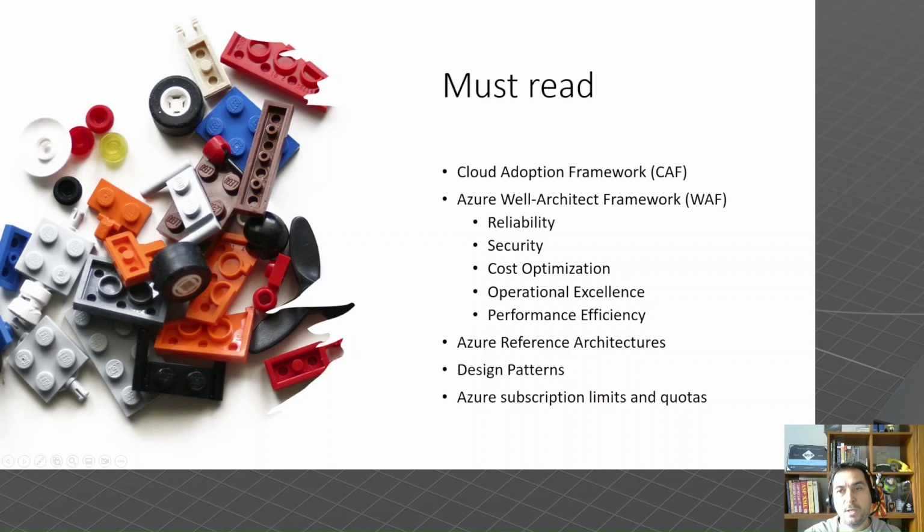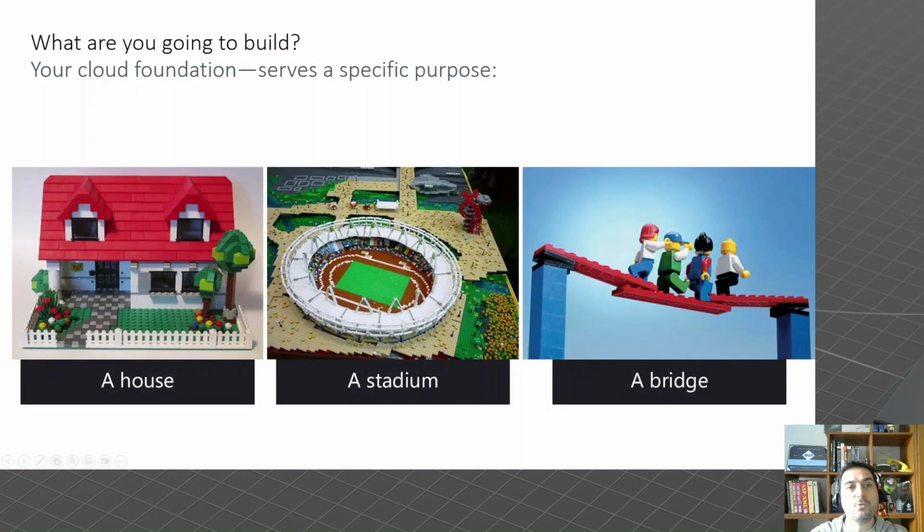Now, as part of the cloud journey, and what we are actually achieving, we are trying to build something. We are trying to build, if I use the reference here, a house, maybe a stadium or a building or a bridge, a highway, whatever is there, which means there will be a subset of components and or functionalities and or features that need to be embedded within that specific design and structure.